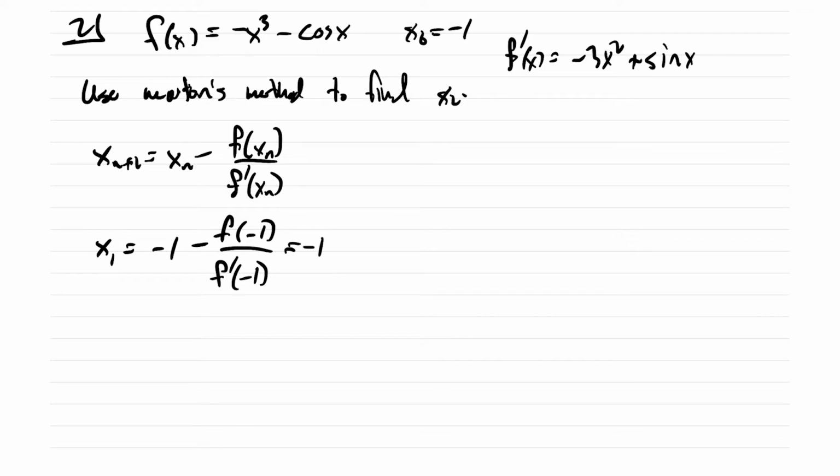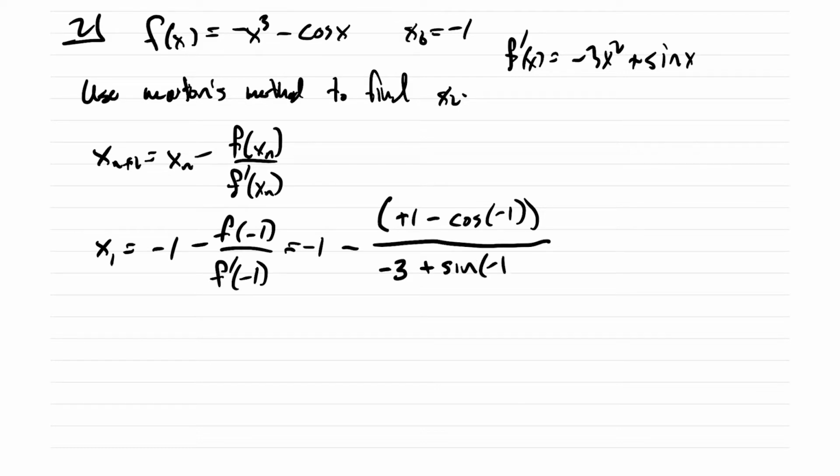So that's negative 1 minus, and now up here we have minus 3 plus, we get plus 1 because negative 1 cubed is negative 1, and then we get minus cosine of negative 1, which is the same as cosine of 1. And then we divide this by minus 3 plus sine of negative 1, right?